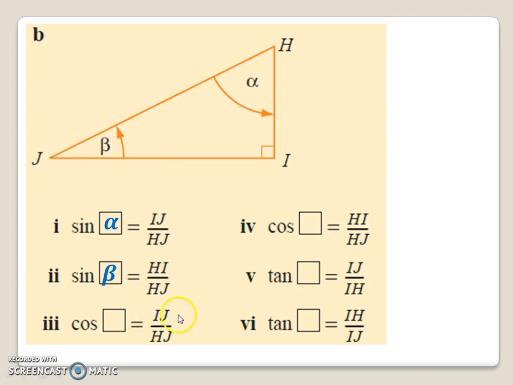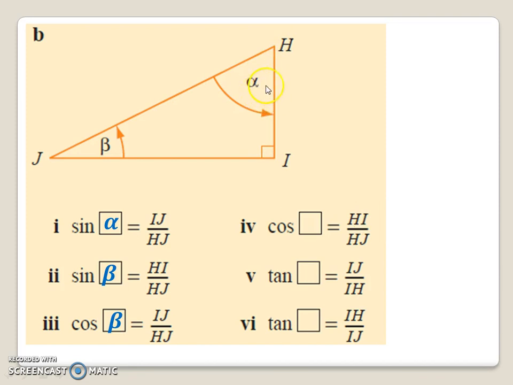Cos of IJ over HJ, so again that's our hypotenuse. So IJ needs to be adjacent to the angle for the cos ratio of adjacent over hypotenuse. So IJ needs to be adjacent to the angle, and it's adjacent or next to the beta. Over here, cos of some angle is adjacent over hypotenuse. So again, I need the HI side to be adjacent to the angle that it's talking about.